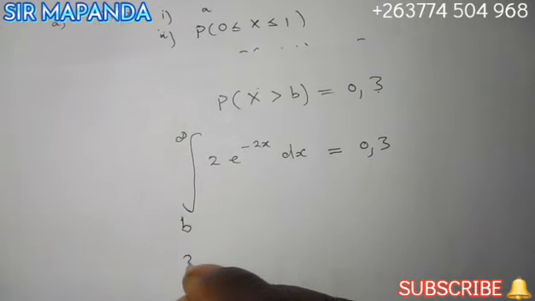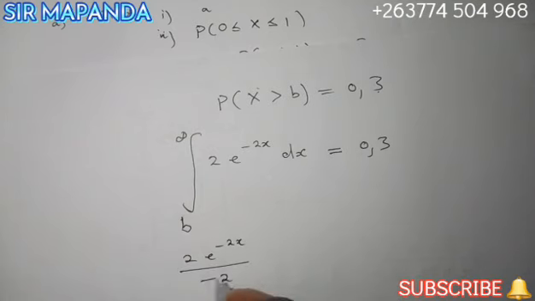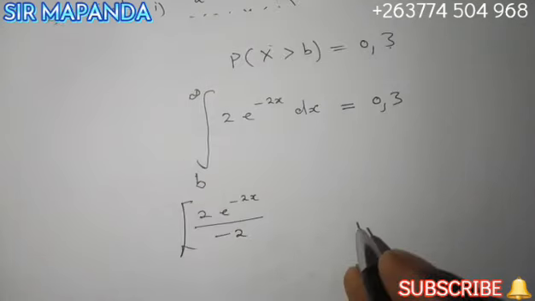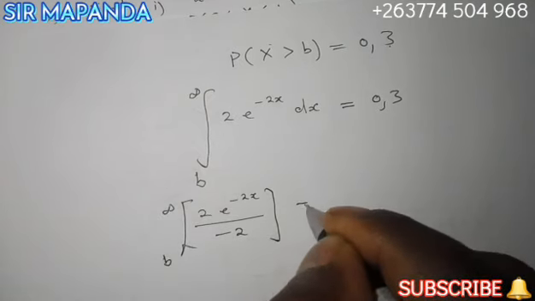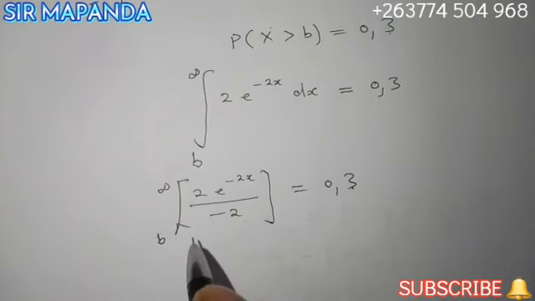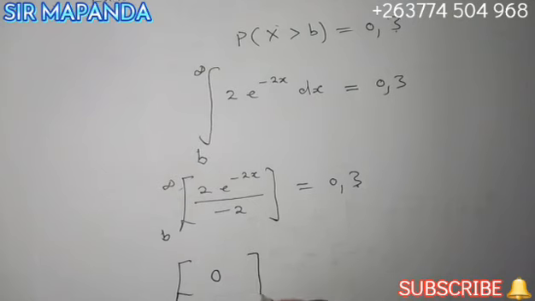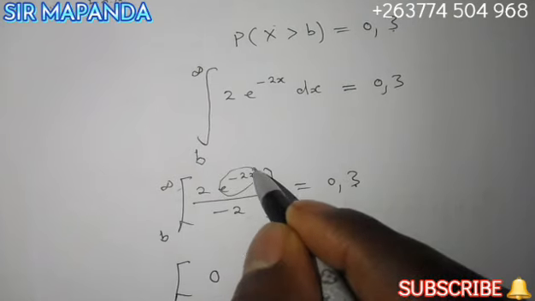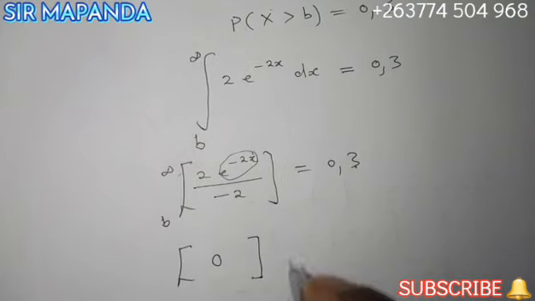So 2 e to the power of minus 2x divided by minus 2 is the integral from b up to infinity. Then you equate it to 0.3. So remember, if you put infinity on x, this entire bracket becomes 0, since this tends to approach 0, I explained it earlier, right?